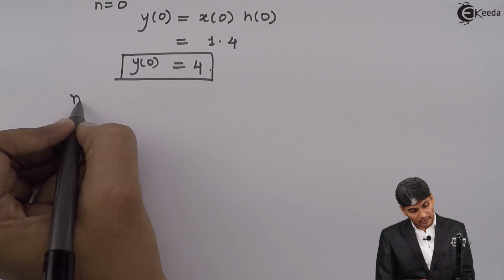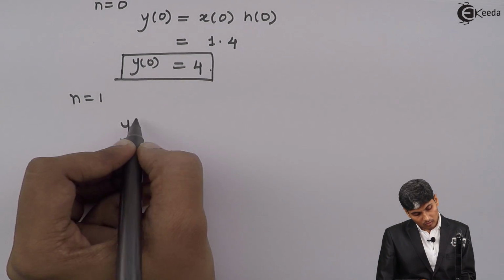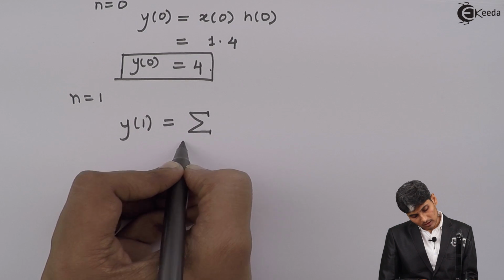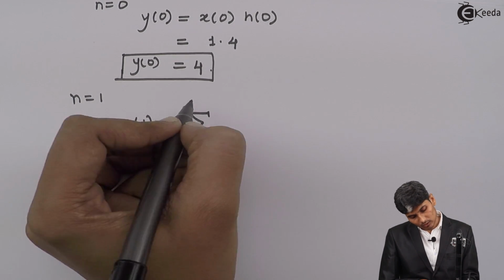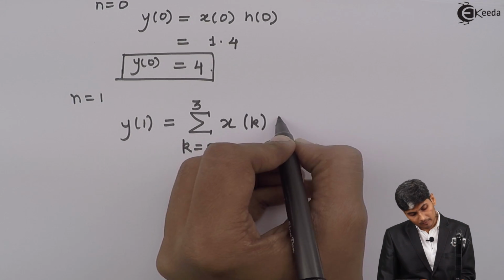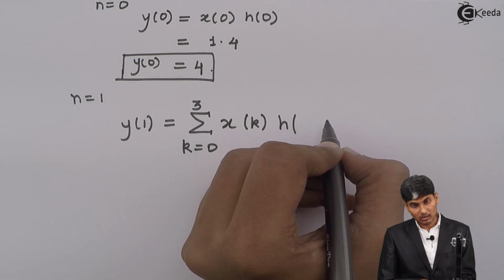Now, if I go for n is equal to 1, my equation writes as y of 1, which is equal to summation k goes from 0 to 3 x of k, h of n minus k.